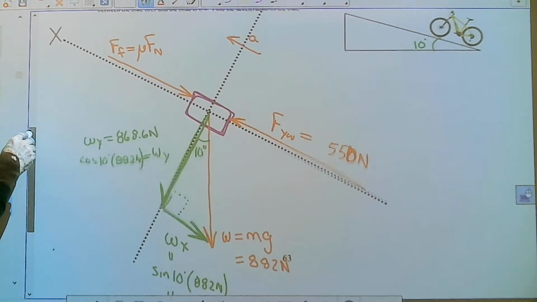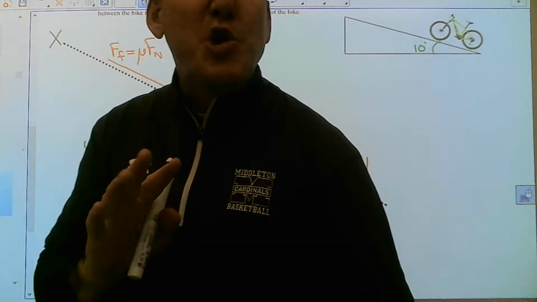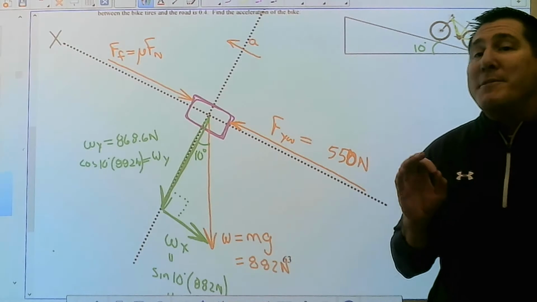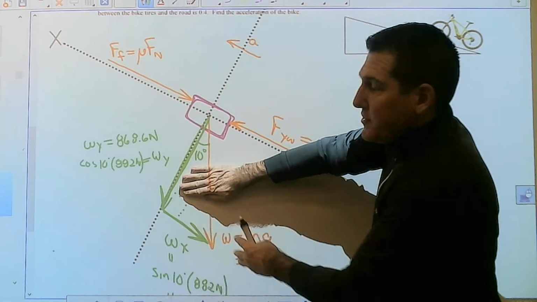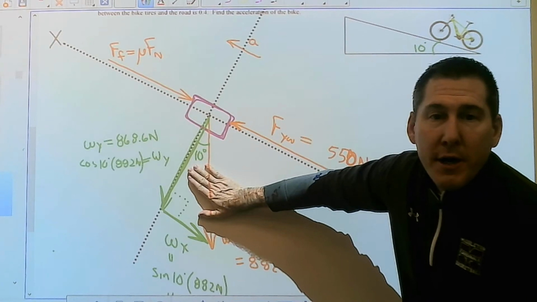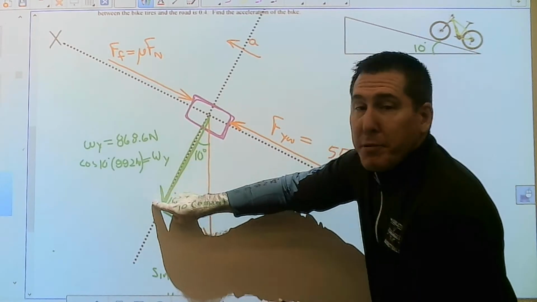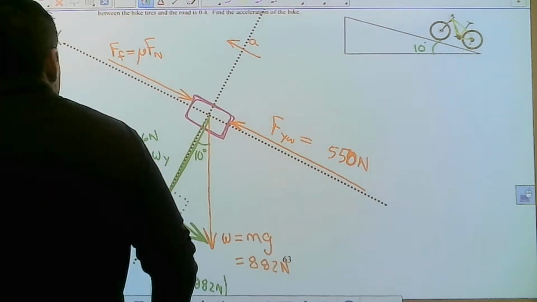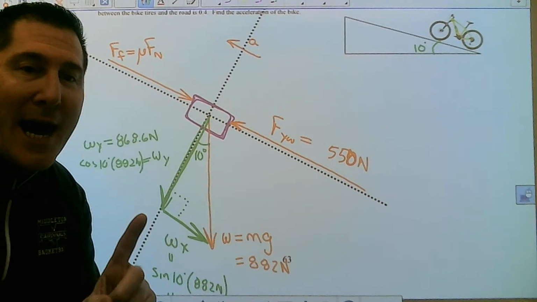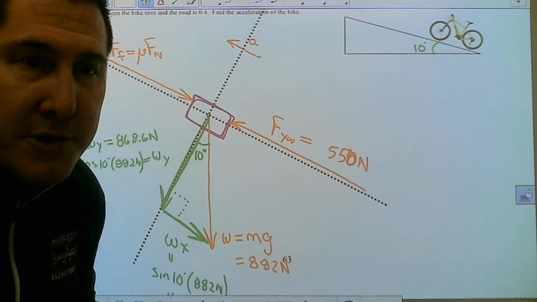So when I draw my components of my weight vector, and this is true for any time I draw components, I am effectively replacing this force with the two components. It's like that isn't even there anymore. That force is gone, and it's replaced by these two guys right there. Once I get the components, now I can actually draw my normal force.